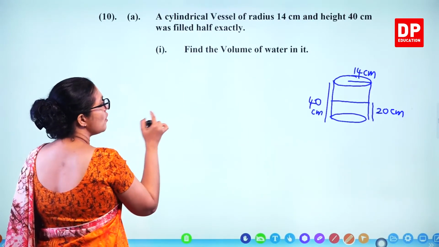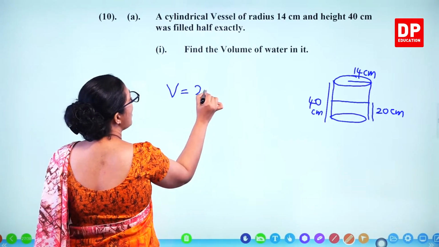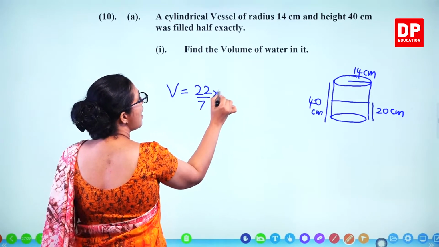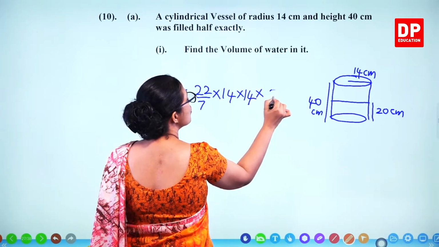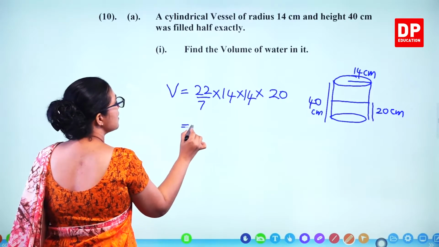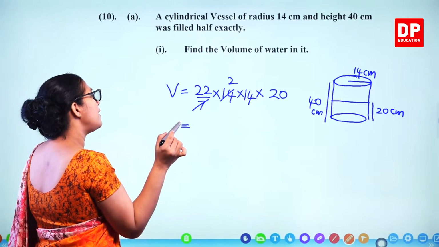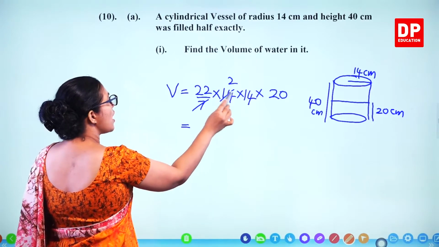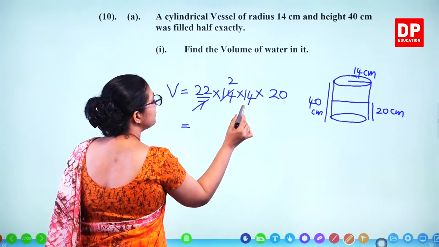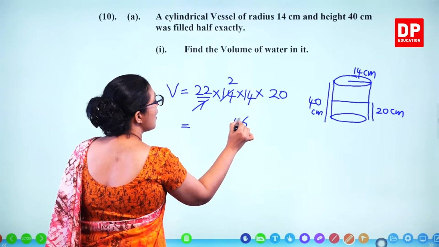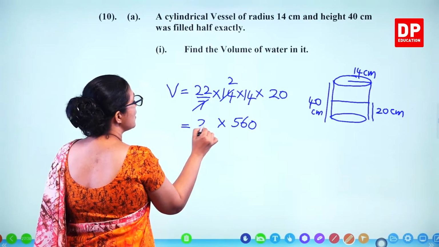So what's the formula? Pi r squared h. So volume of water is pi, 22 over 7, r squared, 14 into 14, into h. H you have to take 20. 7 times 2, then 2 times 14, 28. 28 times 20, 560 into 22.